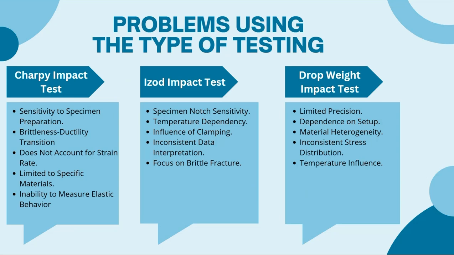Problems using the ISO impact test are specimen notch sensitivity, temperature dependency, influence of clamping, inconsistent data interpretation, and focus on brittle fracture.